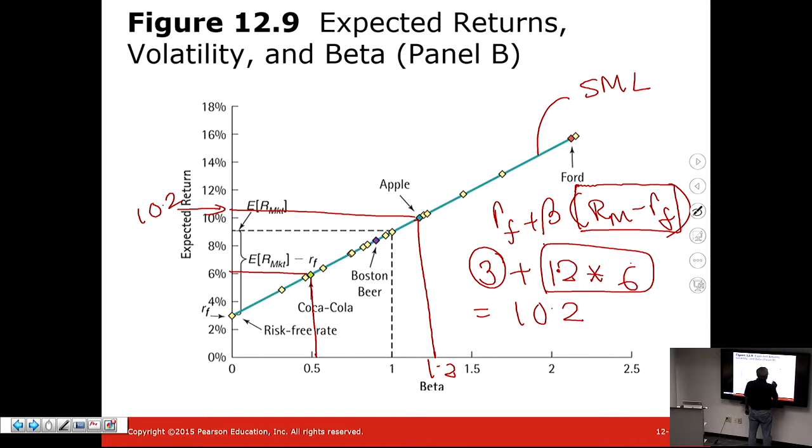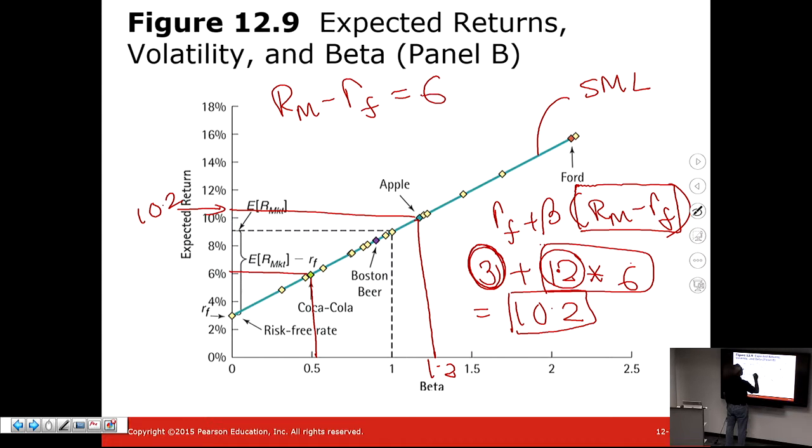So that means the return on Apple is 7.2% more than the Treasury bill. And why is it 7.2%? Because beta for Apple is 1.2. It is 1.2 times the market risk premium. So Rm minus Rf is 6%, which means what is Rm?